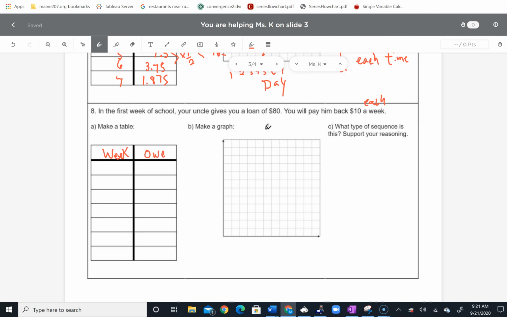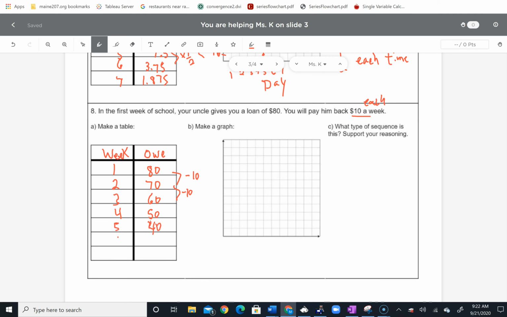You could also write loan amount. But in week 1, you owe $80, right? You're going to pay back $10 a week. So you give your uncle $10, you subtract, now you owe him just $70. On week 3, well, you subtract a 10, you're going to be at 60, and you'll be at 50, then you're going to be at 40.